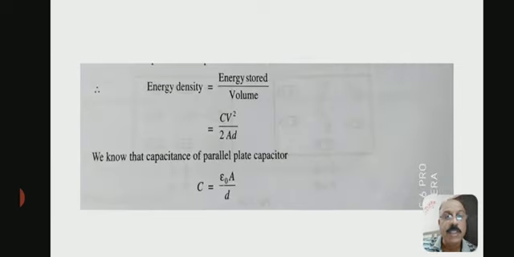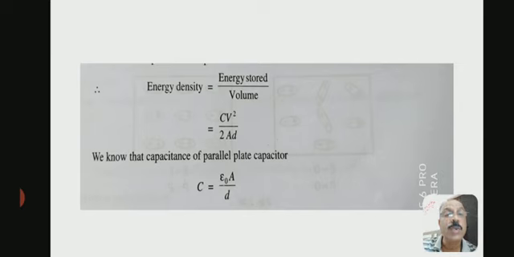So the energy density is the energy stored divided by volume. The energy stored is CV square by 2, and the volume is AD, so the denominator becomes 2AD, since the 1 by 2 is there.